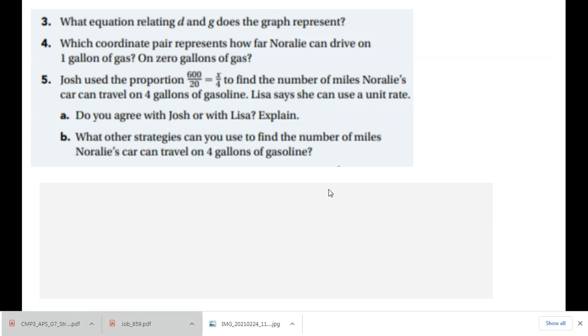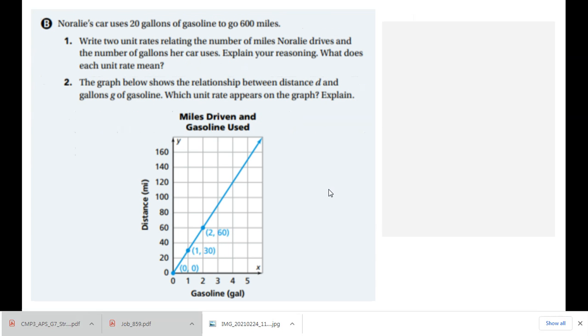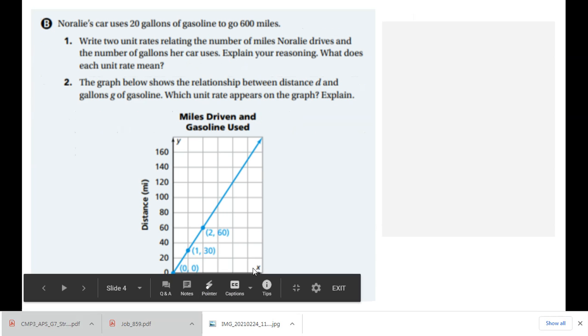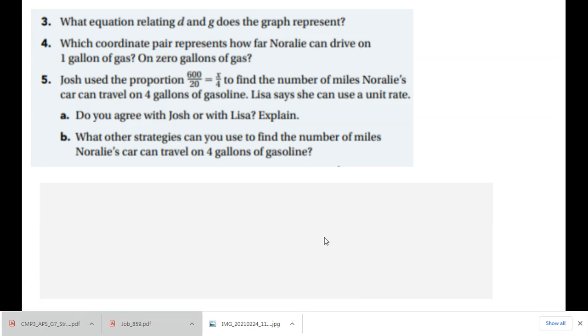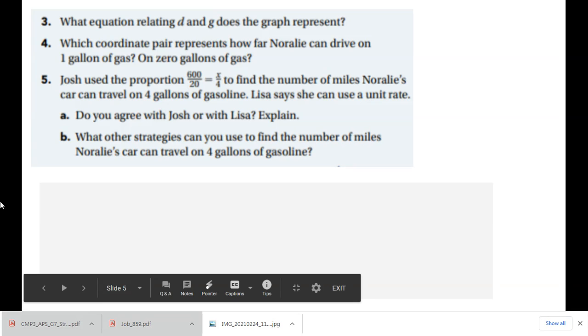So you are being asked here to come up with an equation regarding distance to gallons. Which coordinate pair represents how far Nora Lee can drive on 1 gallon of gas? How about on 0 gallons of gas? And then you can answer number 5.